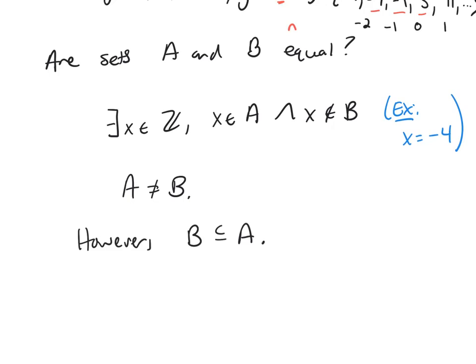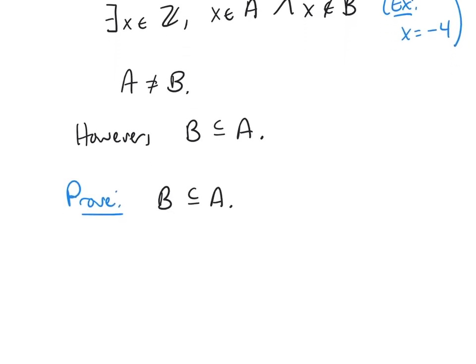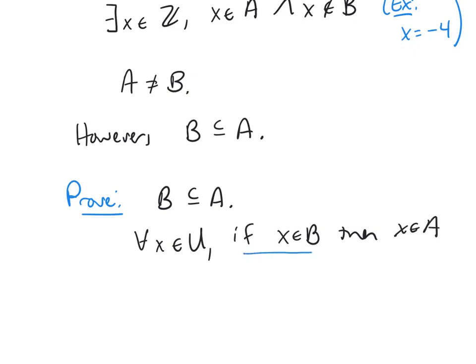So now what I want us to do is prove that B is a subset of A. And remember our definition of a subset, I need to show that if X is in B, then X is in A. Right, so this is the part right here that I need to prove.